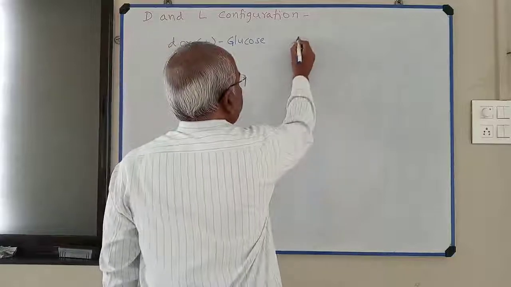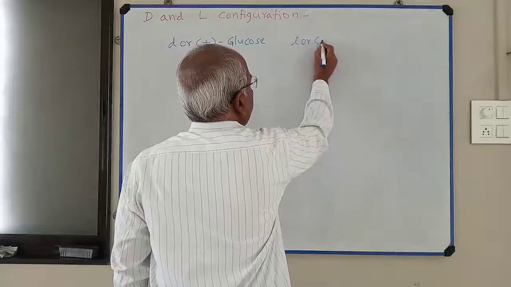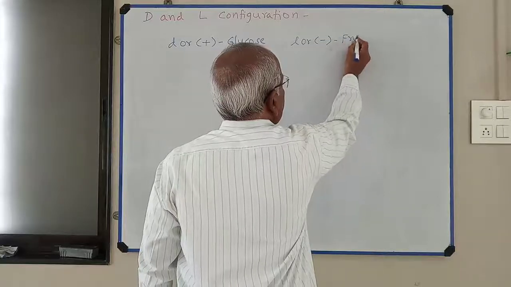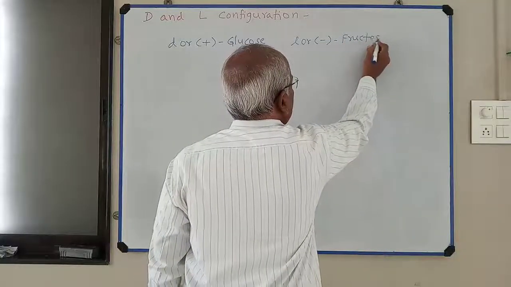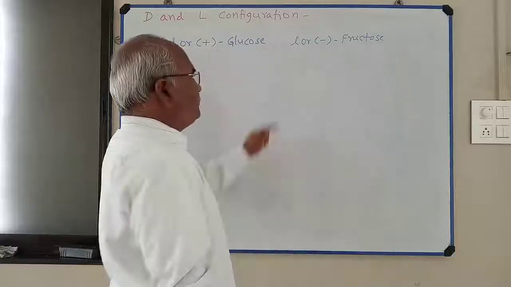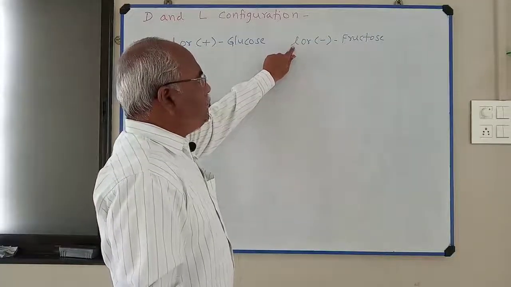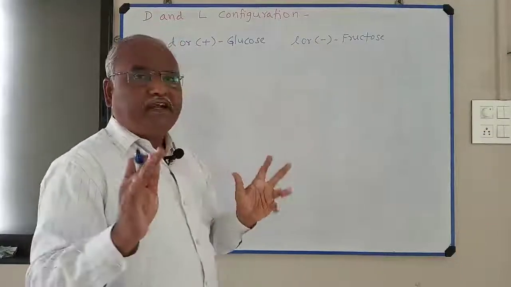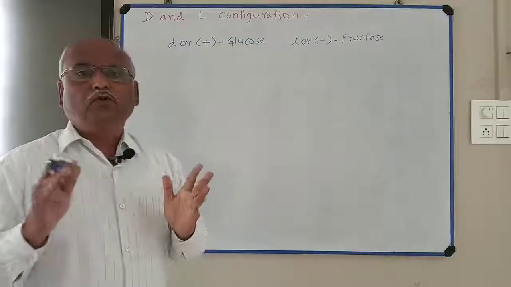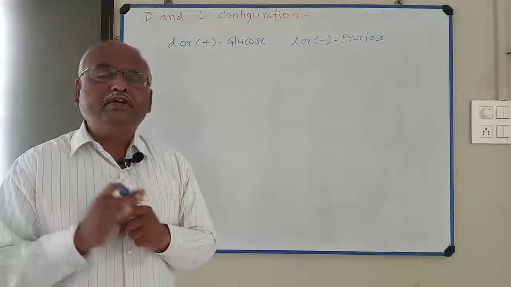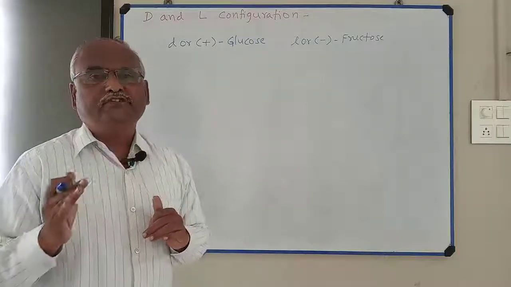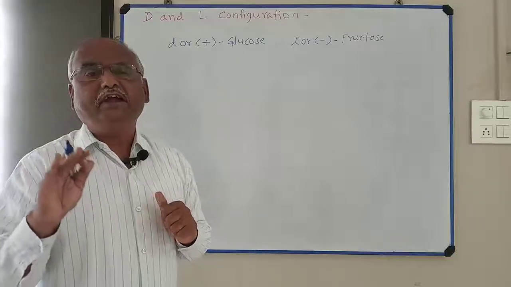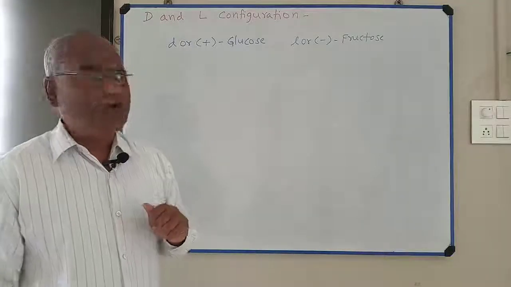Similarly, L or minus sign, and here fructose. This designation small l or minus indicates that fructose is levorotatory and it rotates the plane of plane polarized light in anti-clockwise direction.